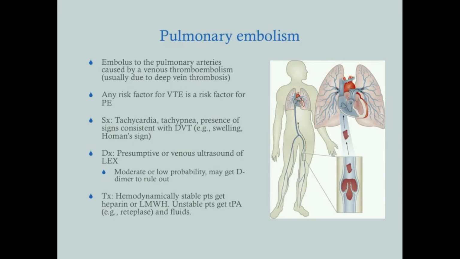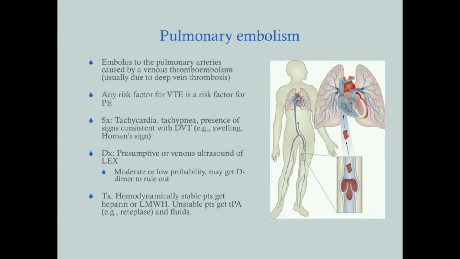Presence of signs consistent with DVT, so things like calf swelling, increased calf diameter. Usually we measure diameters of both calves to check if there's a difference. And then Homan sign, where you do dorsiflexion of the foot, passively, and that should cause pain in the affected leg.